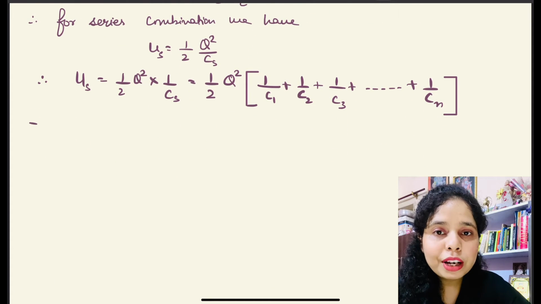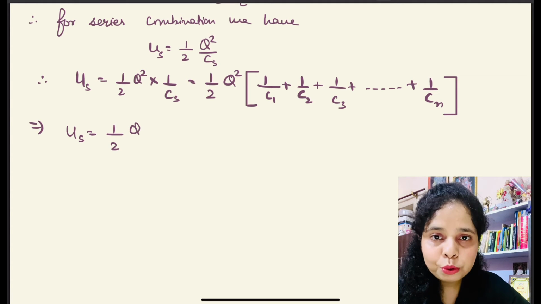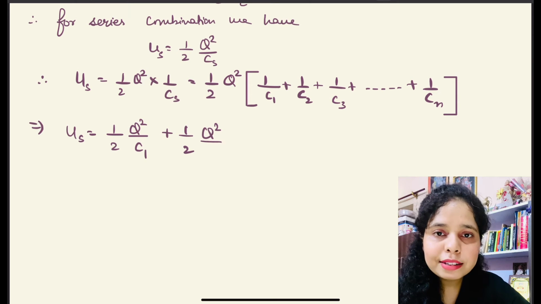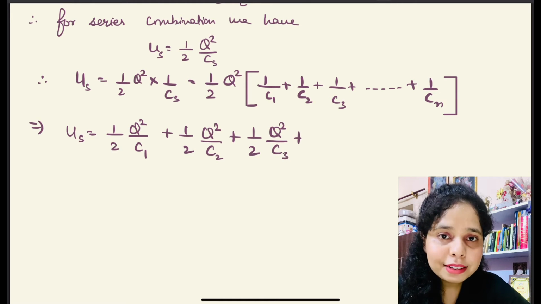So we can open up this bracket. Therefore, we have US is equal to 1 by 2 Q square by C1 plus 1 by 2 Q square by C2 plus 1 by 2 Q square by C3 plus and so on 1 by 2 Q square by Cn.